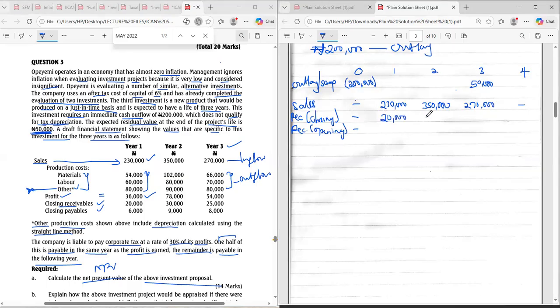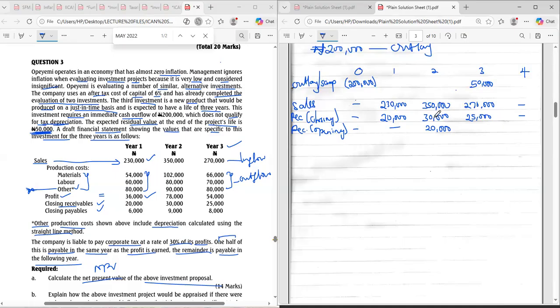You're not even supposed to be asking me where opening is. As an accounting student, you're asking the lecturer where is opening? For the opening receivables, the closing of year 1 will be opening in year 2.